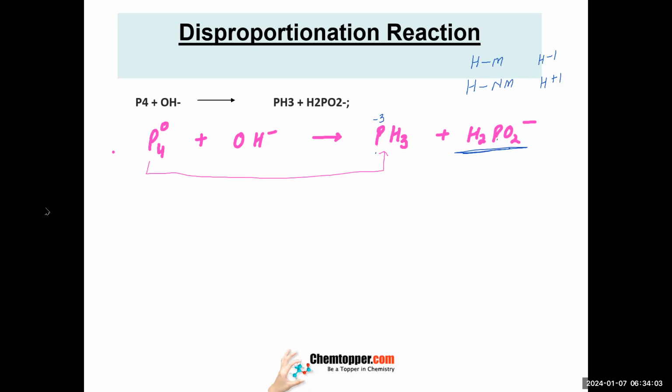Again, follow the rules. There are two hydrogen, so 2 times +1. P, I don't know, so I'm going to take it as X. Oxygen, I know, oxide is -2. From the periodic table also you can predict. Is equal to this charge -1. So what is X?